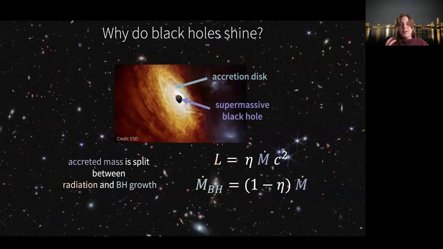In more specific terms, whenever I take a blob of gas or a blob of plasma that is going to be consumed by this black hole, the energy in that blob is in general going to be split. Some of it is going to contribute to the growth of the black hole. So it's going to be this m dot black hole over here, which is the rate at which the black hole is growing as a result of consuming this gas.